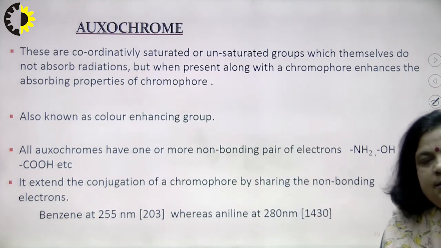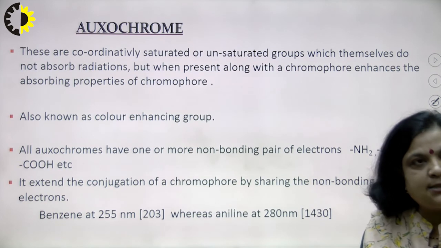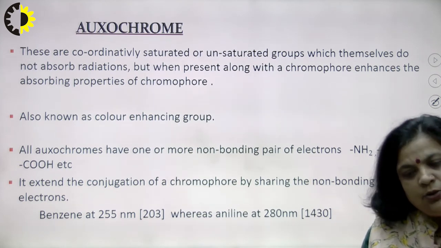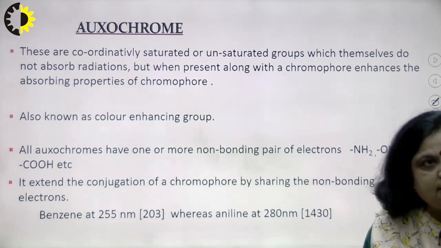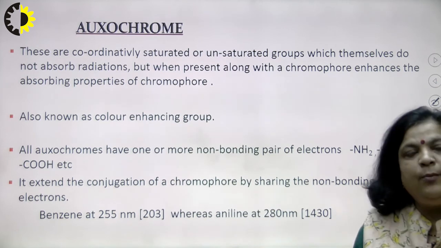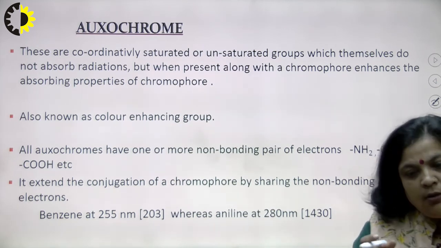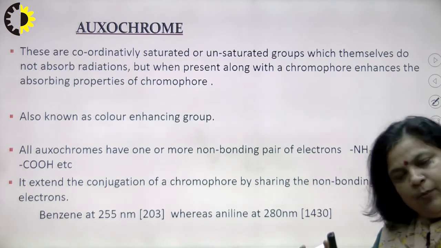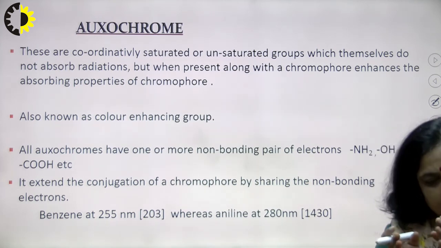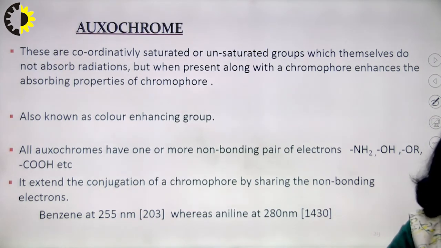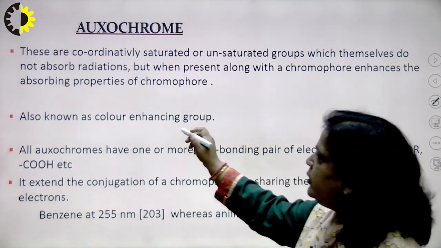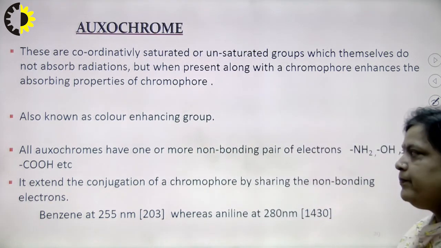For example, suppose catalysts are those compounds which increase the rate of reaction, but if we add a promoter or poison, then the rate increases or decreases. So an auxochrome is like a promoter or poison and a chromophore is like a catalyst. So they are also known as color enhancing groups.